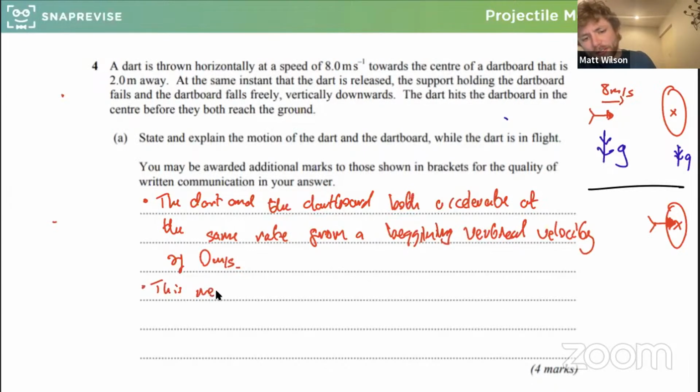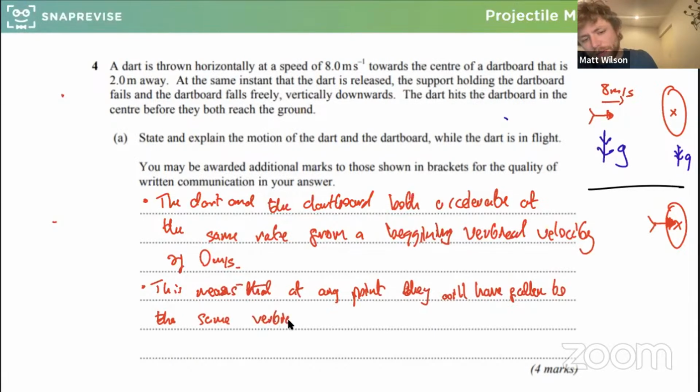This means that at any point they will have fallen to the same vertical displacement. Same vertical displacement. Good.